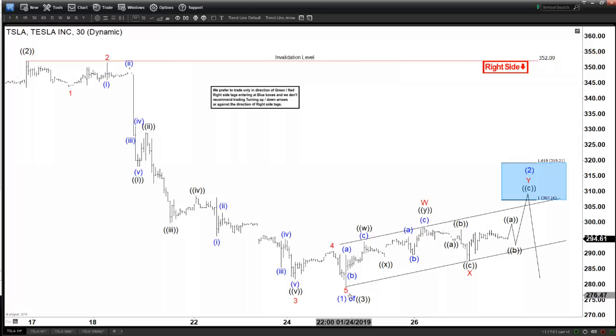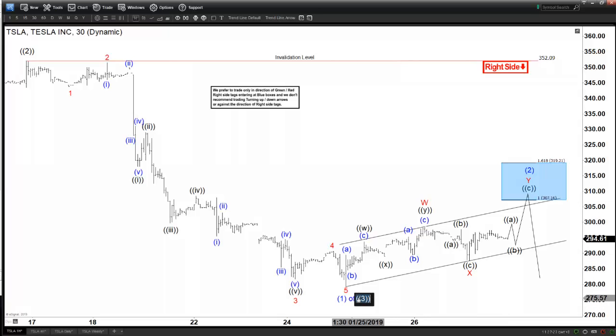Okay, so we ended the wave 1 of 3 here, and now we are in the process of correcting this entire decline from $352, and the correction is unfolding as a double three, or sometimes called WXY.